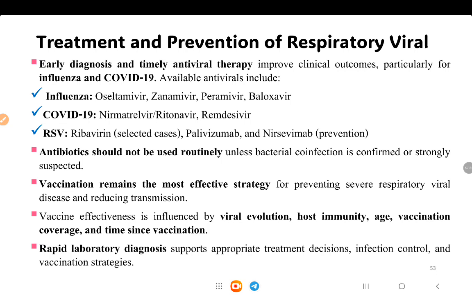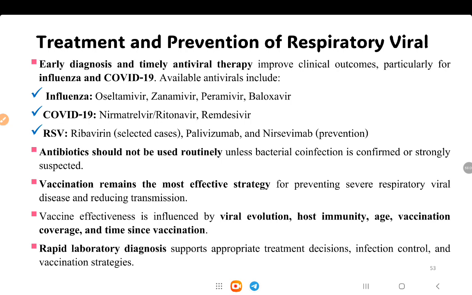Vaccination remains the most effective way to prevent severe respiratory viral disease. Vaccine effectiveness is affected by viral mutation, host immunity, age, vaccination coverage in the area, and the time since vaccination.